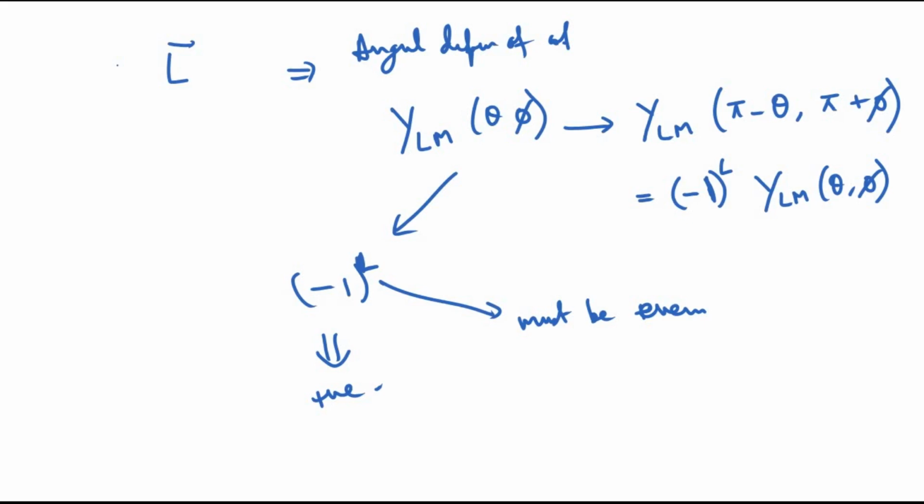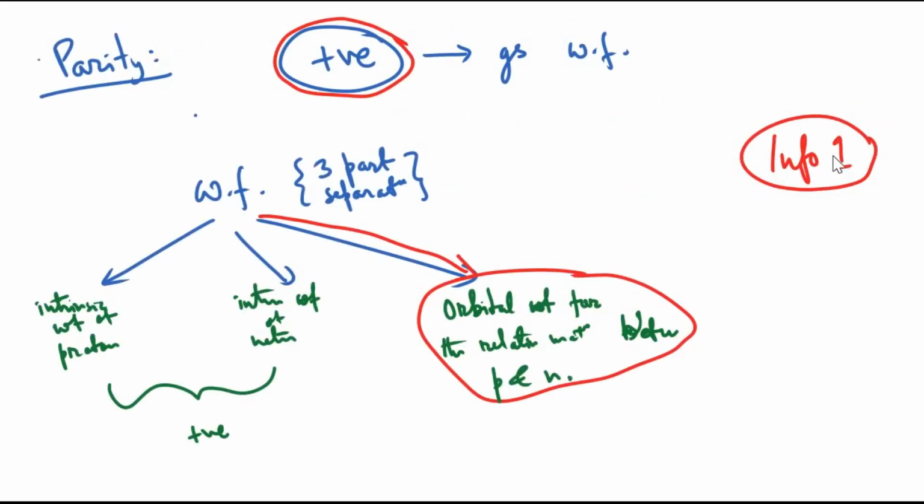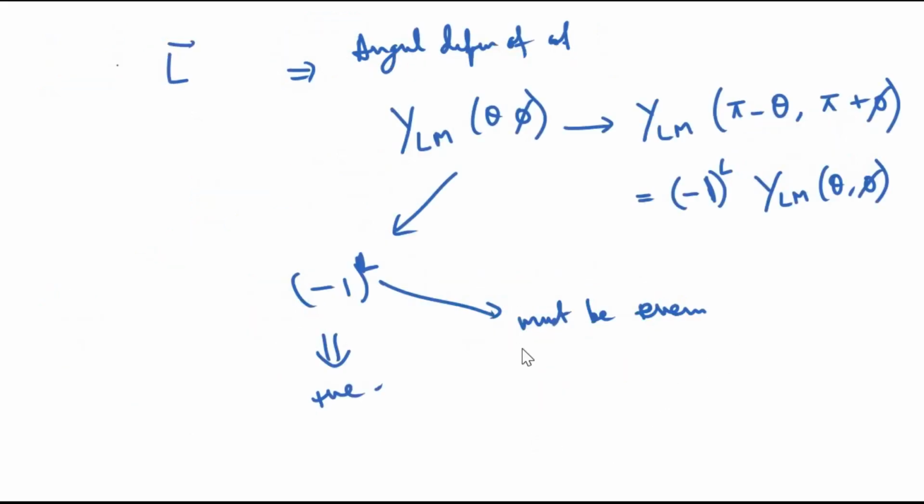So what is the result of all this basic investigation? Information 1 was that the ground state has positive parity, and overall we now know that because the ground state is positive parity, L must be even. This is info 1.